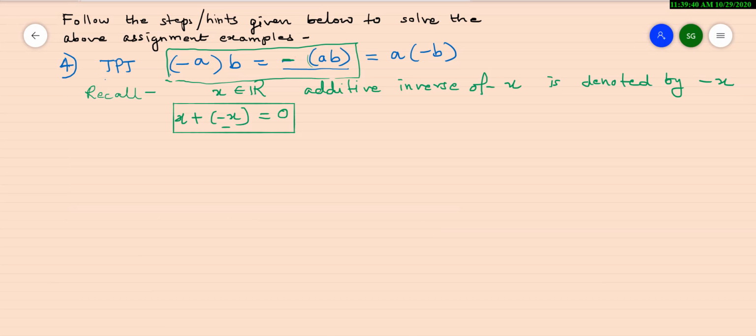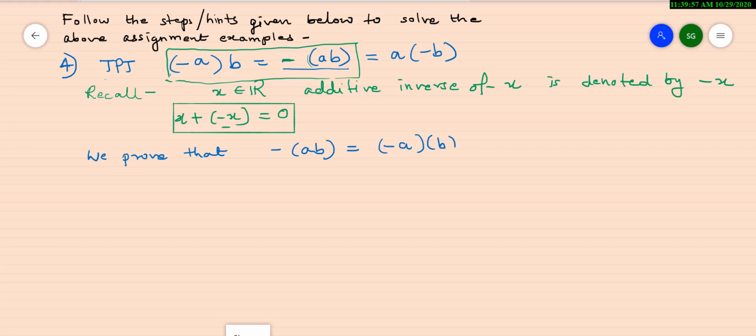So we prove that minus of AB, that is the additive inverse of AB, is minus A into B. Let us prove this part first.